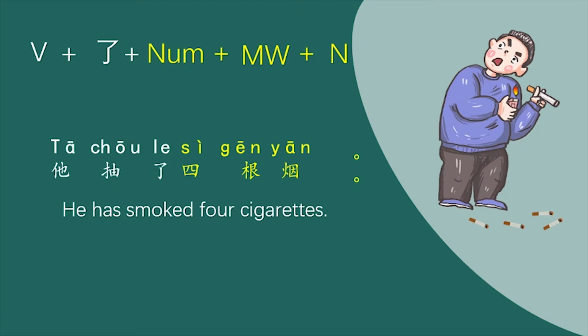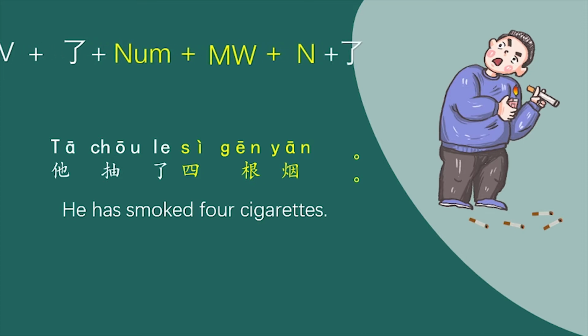4 cigarettes. He is still smoking. At this time, we put another 了 at the end of the sentence.